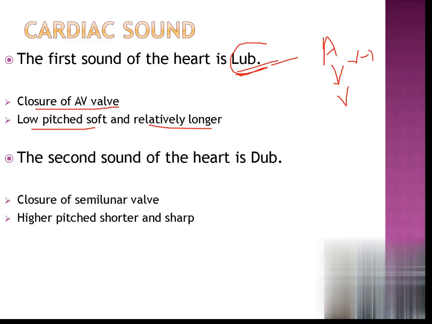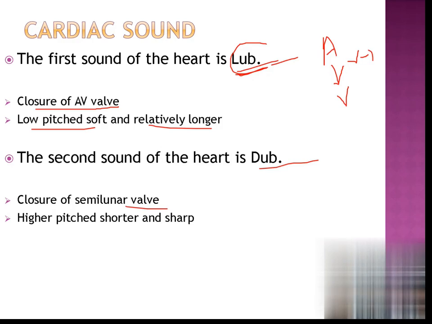Now, the second sound of the heartbeat is dub. So basically, they simultaneously make the sound lub dub, lub dub, lub dub. Now, where does the second sound, dub, come from? It comes from the closure of the semilunar valve.